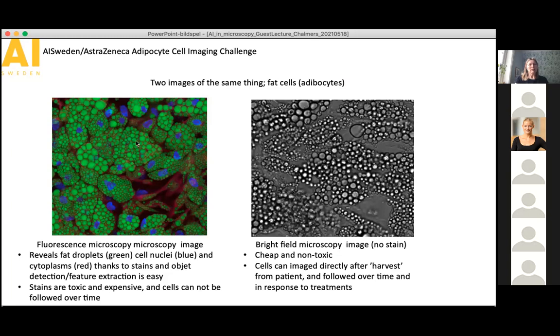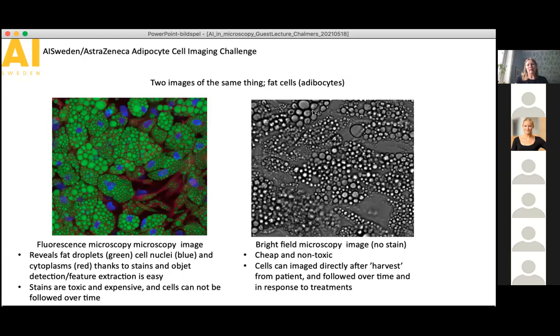But the problem is that the stains are toxic and expensive, and we cannot follow the cells over time. If we instead image the cells without any stains, with just regular light, we have an imaging system that is both cheap and non-toxic to the cells. We can take cells directly from a patient, and we can follow them over time.